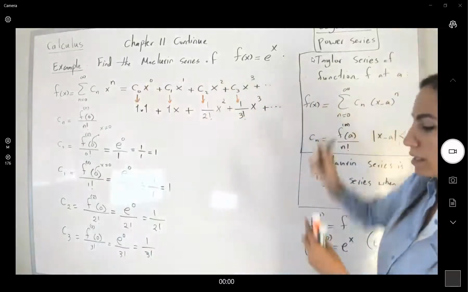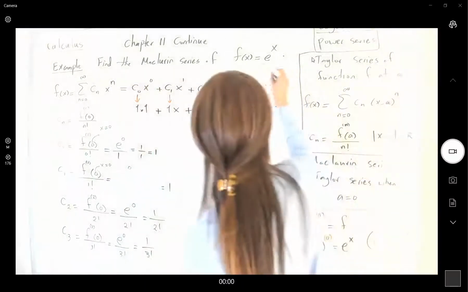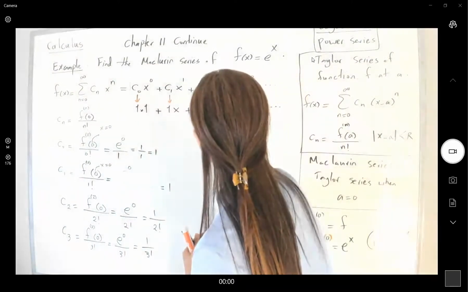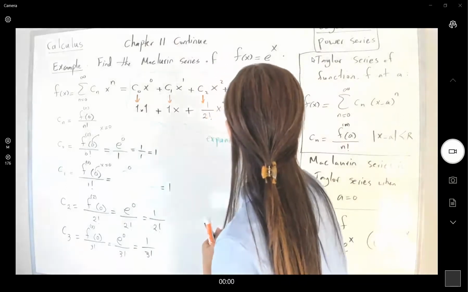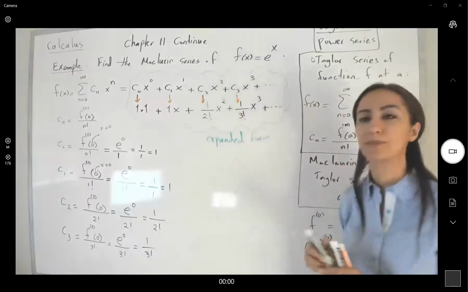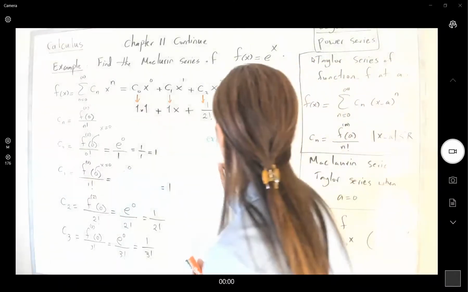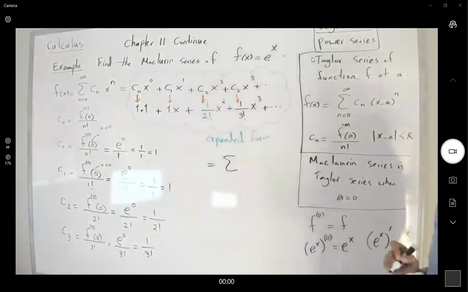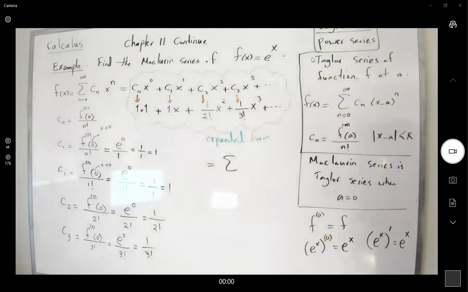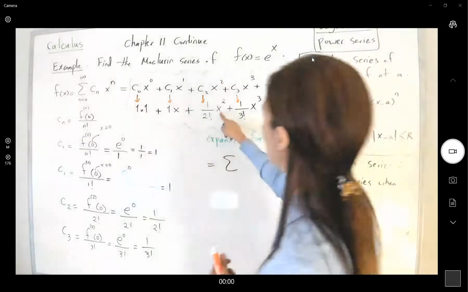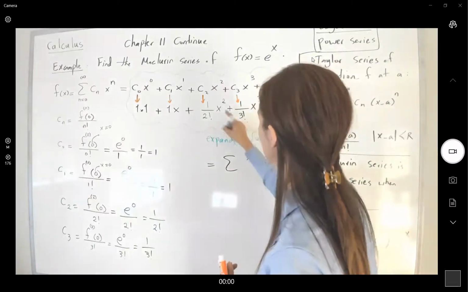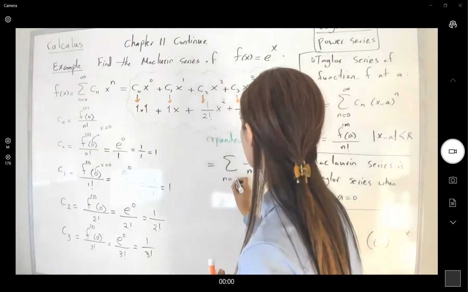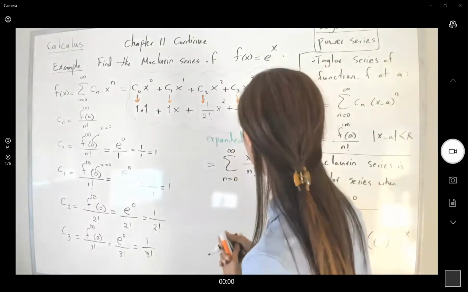This is the expanded form, which can be written in compact form as the sum of x to the n divided by n factorial, where n starts from 0 and goes to infinity.